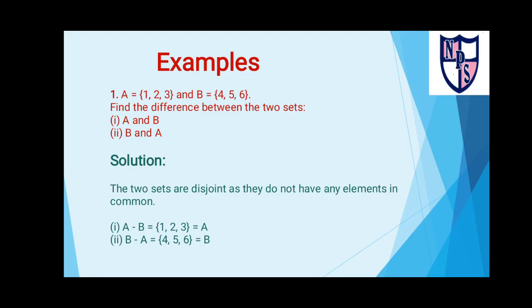And for B minus A, the answer will be the B set itself. Here what we did? We dropped the elements that are common in A and B, but as there is nothing in common, we wrote the first set as it is.